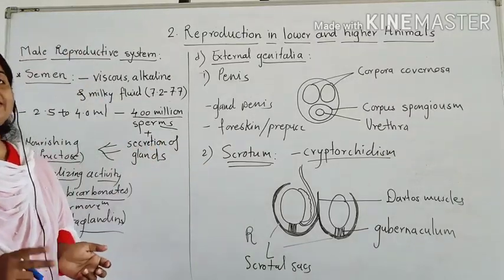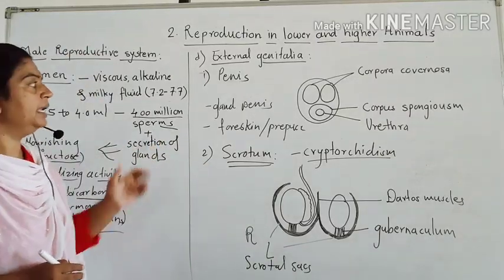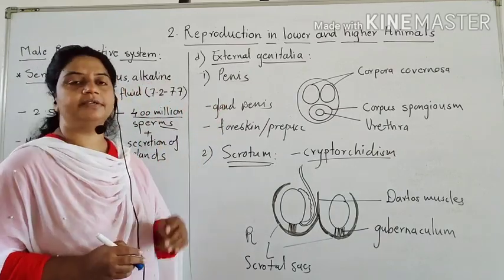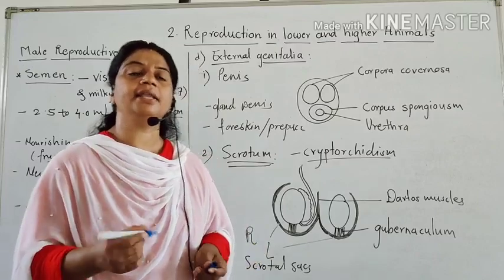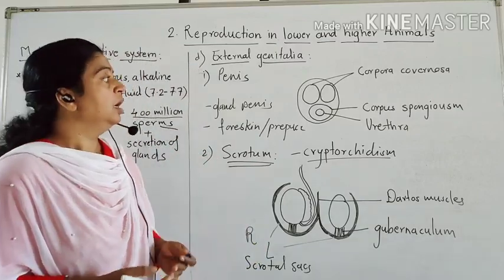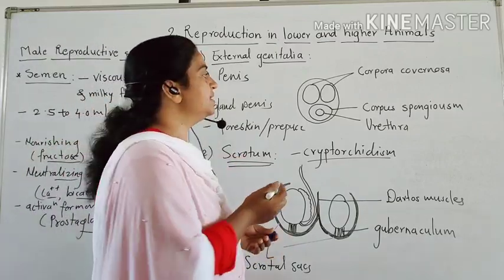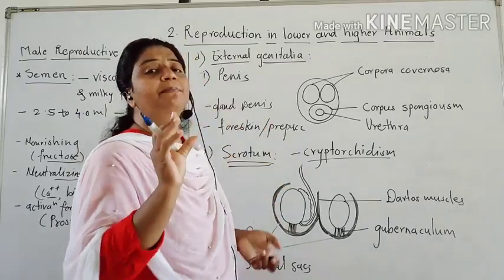There are two external genitalia in males. First is the penis and second is the scrotum. The penis is the male copulatory organ, a cylindrical and muscular structure. In the TS of the penis, there are three bundles.